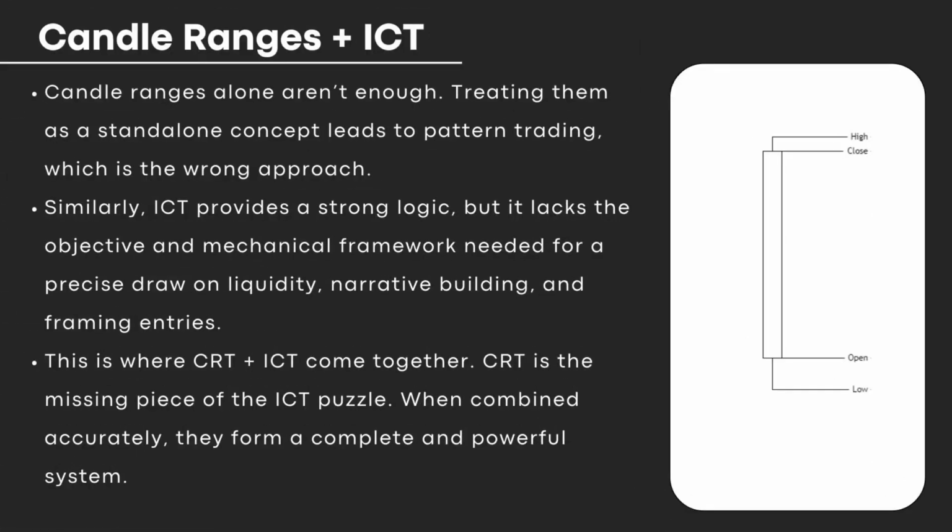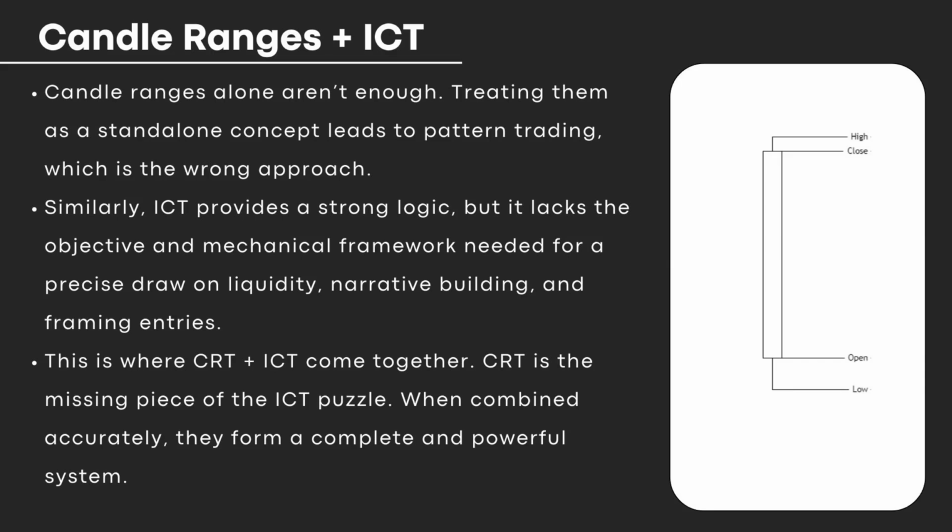First of all, we'll start with the introduction to the topic of candle ranges plus ICT, what it means, how you're going to approach it, and what the key main points to consider are. As I've said multiple times before, candle ranges alone are not enough on their own.